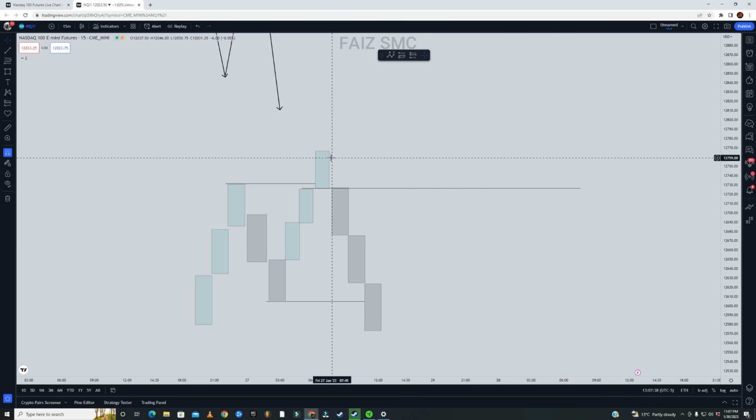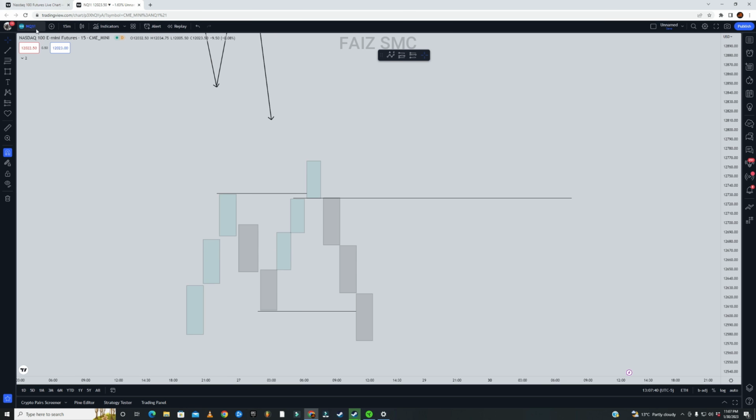And to refine it even further, you can drop down to a lower time frame, and when you see a fair value gap on the lower time frame, you use the first candle of the fair value gap. When you drop down to the lower time frame, you look at the very first or extreme fair value gap, and then you mark out the very first candle of the fair value gap, right? And that could be your order block.